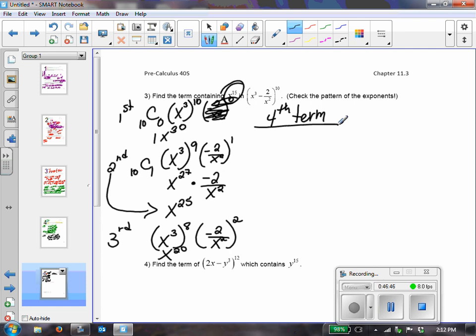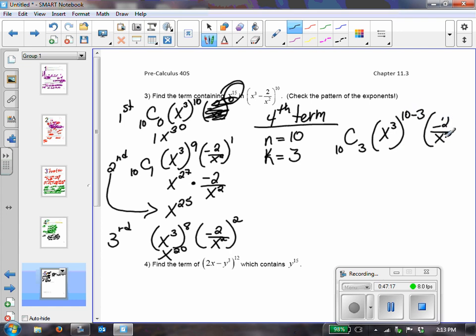So for the fourth term, n is going to be 10, and k is going to be 3, one less, because we start with 0. So now 10 choose 3, x cubed to the exponent of 10 minus 3, and negative 2 over x squared to the exponent 3.